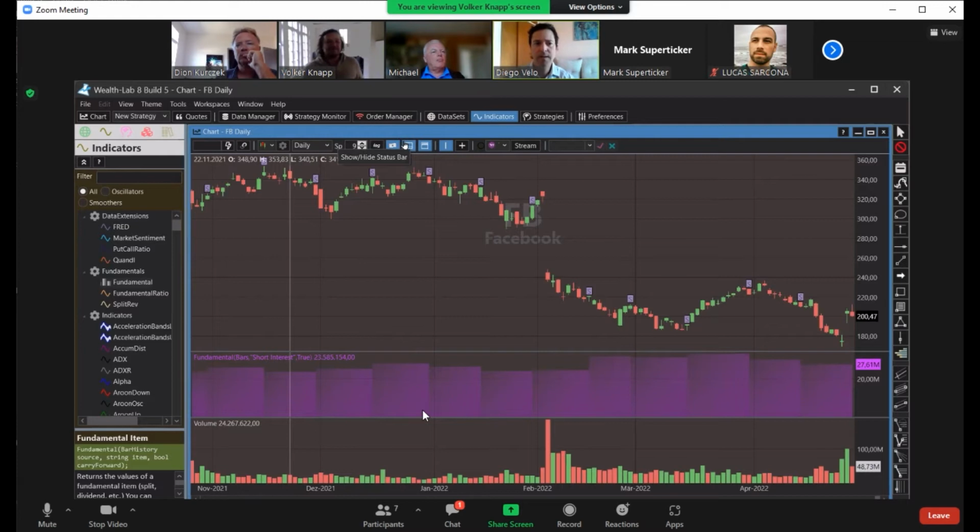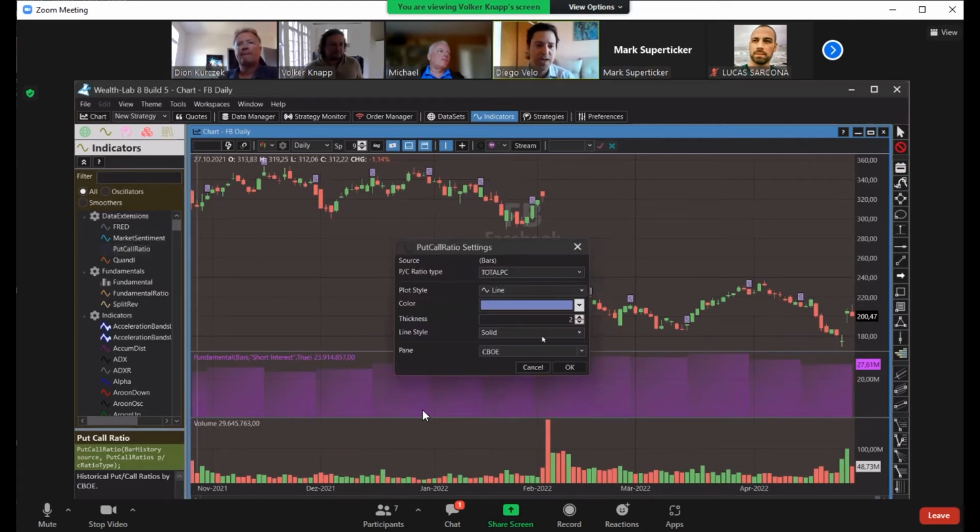Yeah, but it would also be interesting to create an indicator which is related to the float. As I can see, it shows us the number of shares borrowed for shorting.